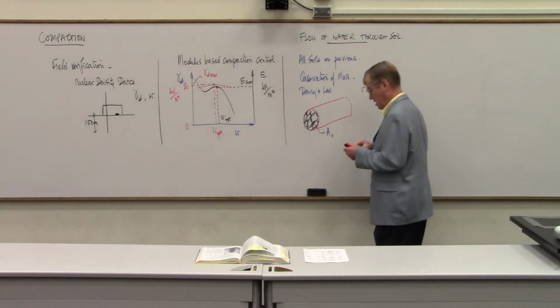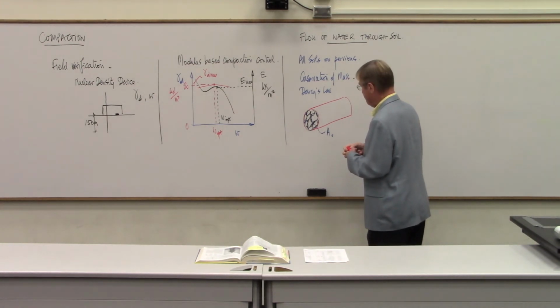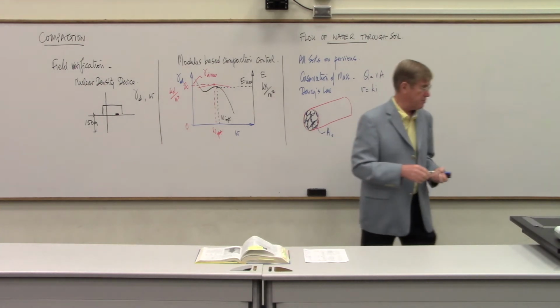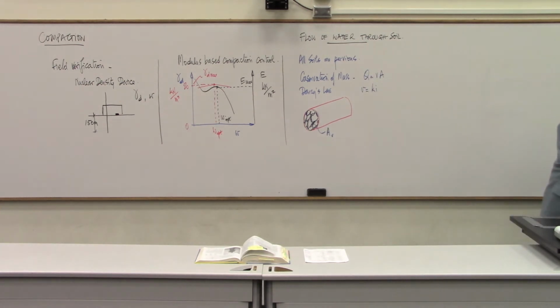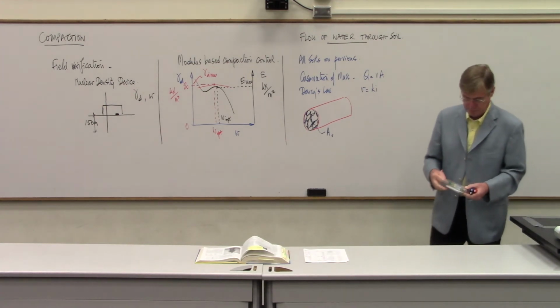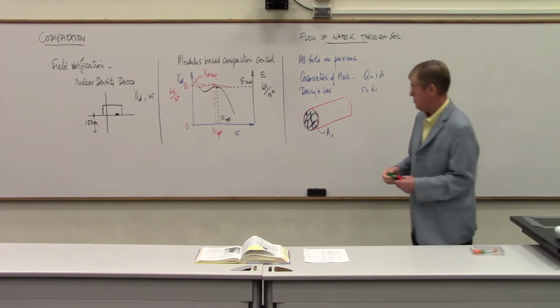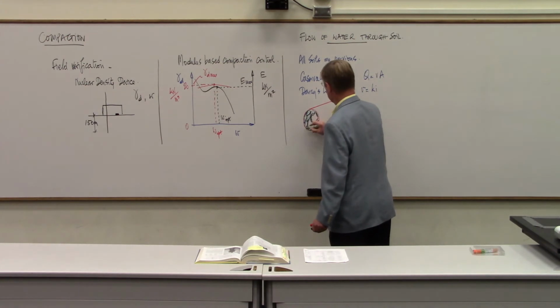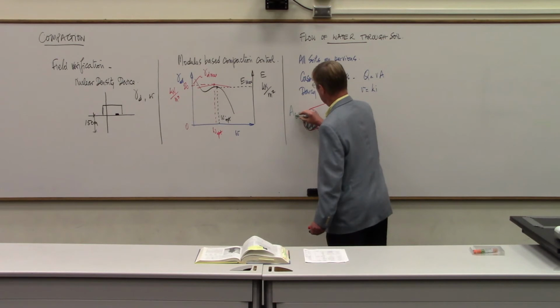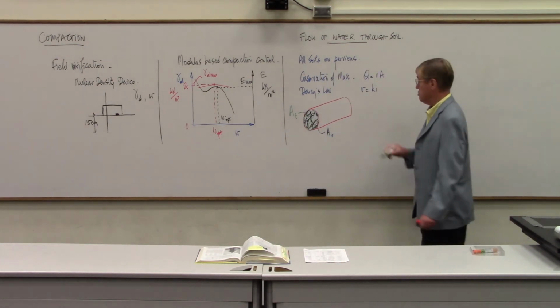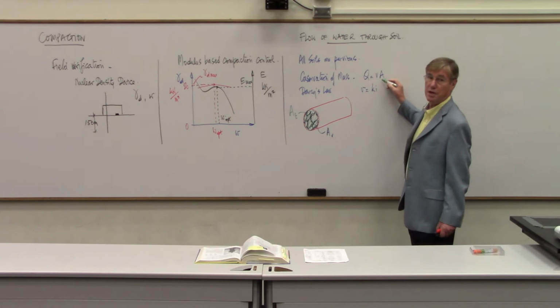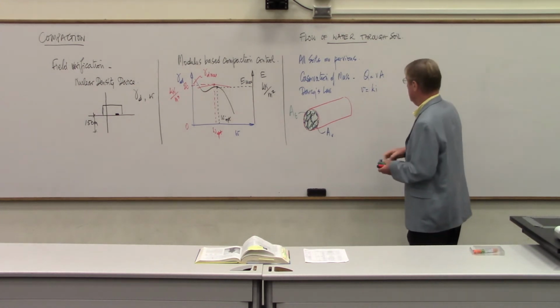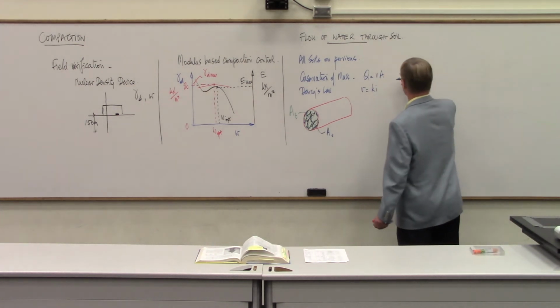This is a void. If I use the entire cross-section here, then that's going to be A total. So the question is, what A should we put in there? Well, you can put either one of them, but you're not going to get the same velocity.